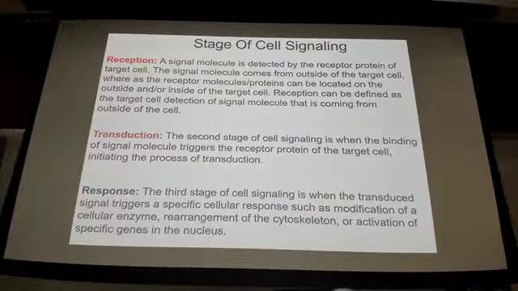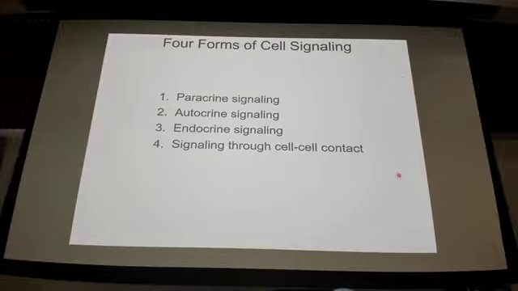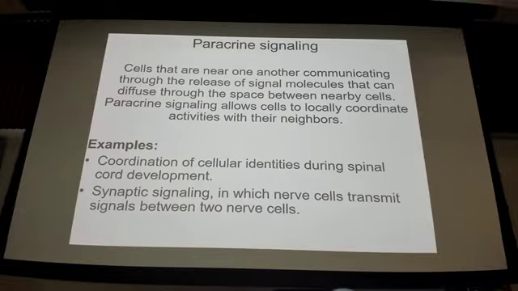There are 4 different types of cell signaling: paracrine, autocrine, endocrine, and cell-to-cell contact. Paracrine signaling is a form of cell communication in which cells nearby release signals, and then the signal gets to all of the cells in the neighboring area and causes a coordinated response of the cells.